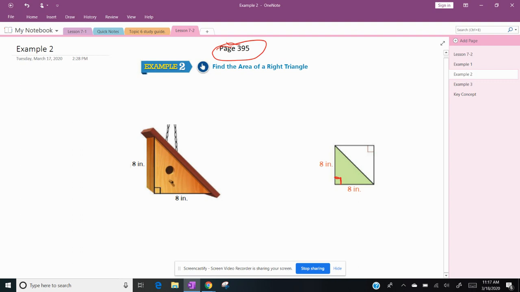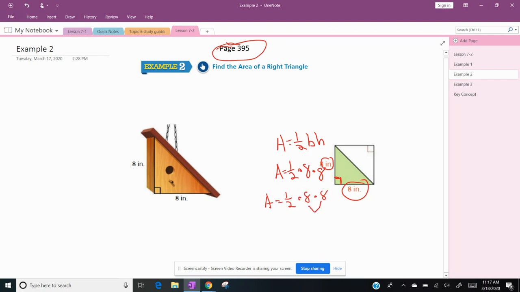So again, we always start with the formula. Area equals 1/2 times the base times the height. I'm going to substitute in that formula now. Area equals 1/2 times the base, which looks like 8, times the height, which is also 8. Now, because of the commutative property and the associative property, I could solve this any way I choose.